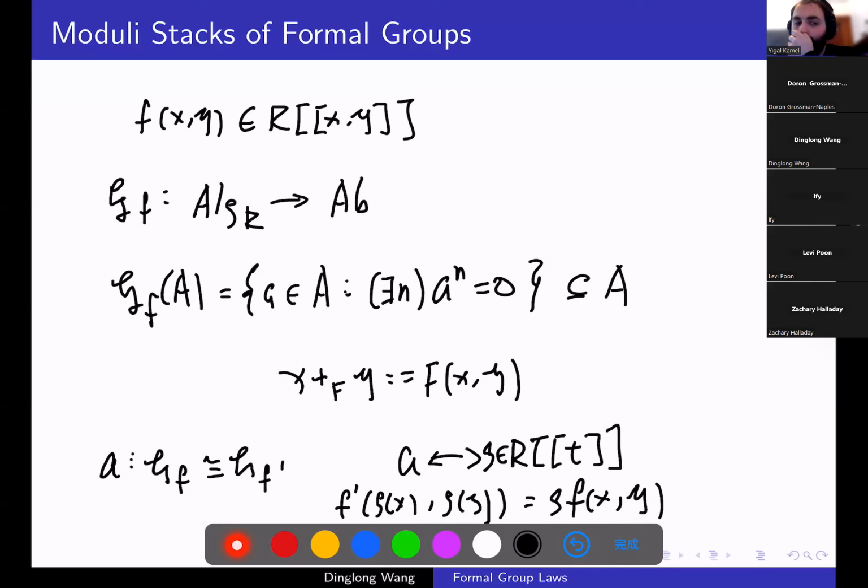Since these are R-algebras, you can think of them as equipped with the Zariski topology, where basically you have a collection of maps.